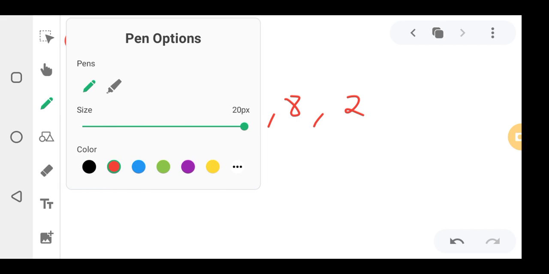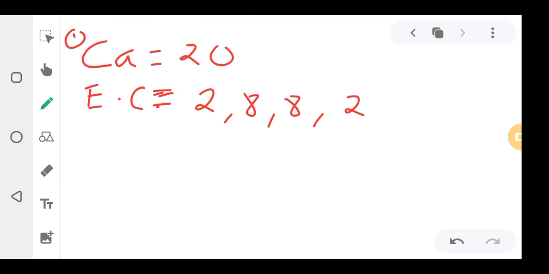So it means this last number here is the one that helps you to identify whether the element is a metal or a non-metal.